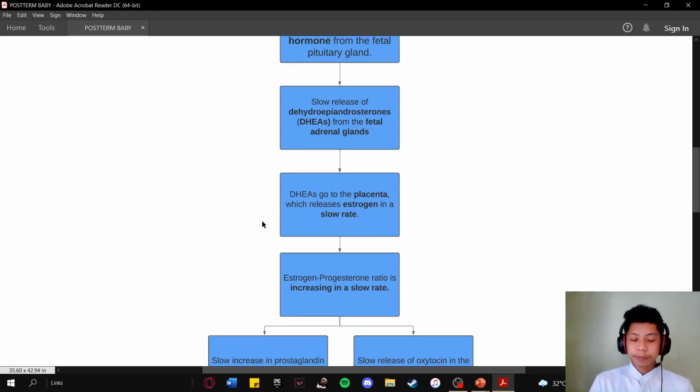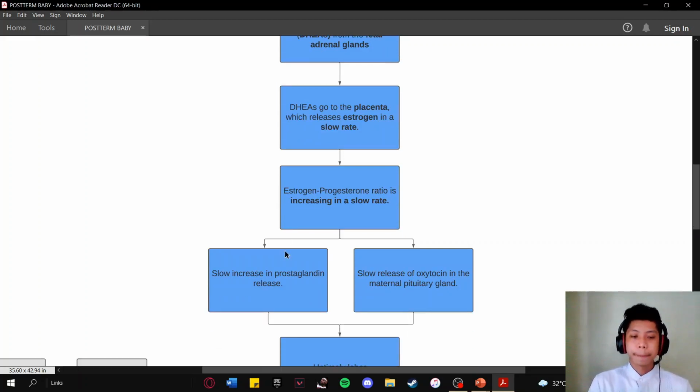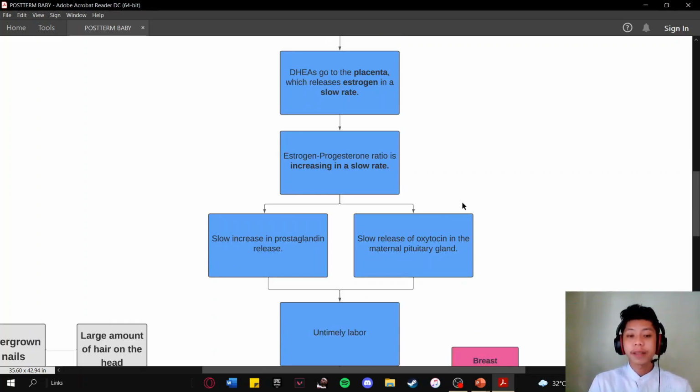So if there's a slow release of estrogen, the estrogen progesterone ratio is slowly increasing. And if the estrogen progesterone ratio is increasing at a slow rate, chances are the release of prostaglandins and oxytocin will be affected as well.